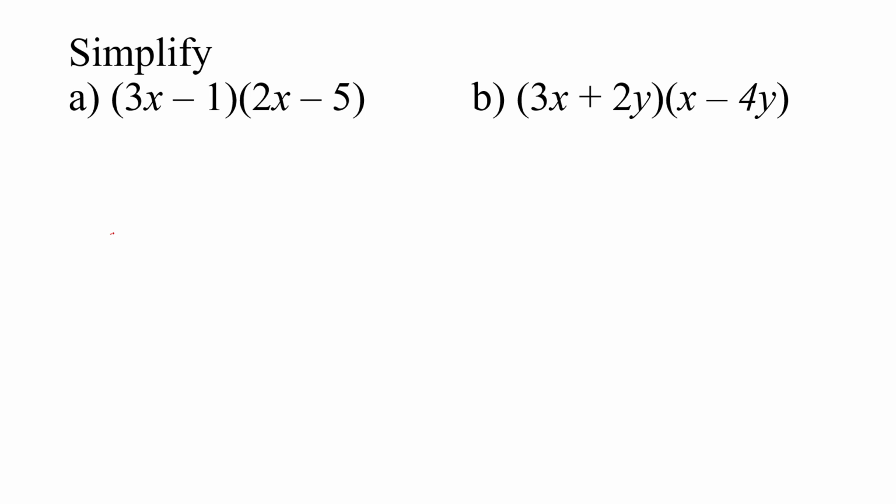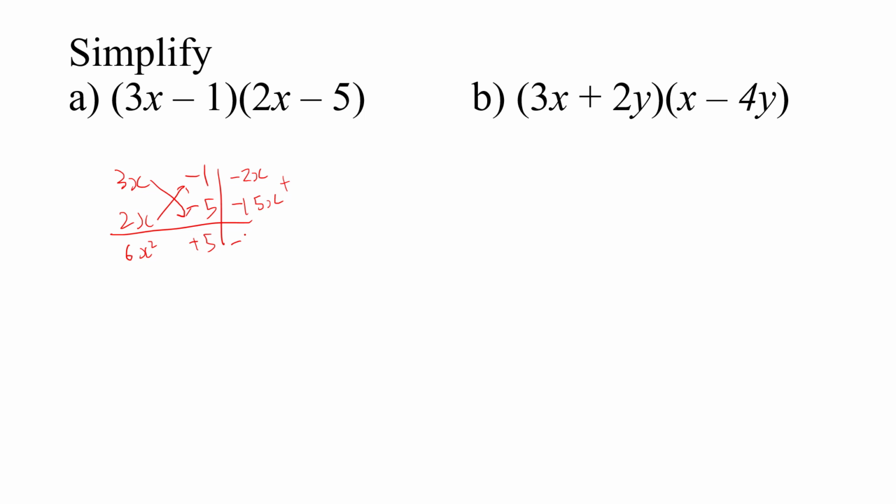So first thing, you set up a bait, then 3x minus 1 you put here, 2x minus 5 you put here. 3x times 2x will give me 6x squared. Negative 1 times negative 5 will give me positive 5. 2x times negative 1, I will get negative 2x. 3x times negative 5, I will get negative 15x.